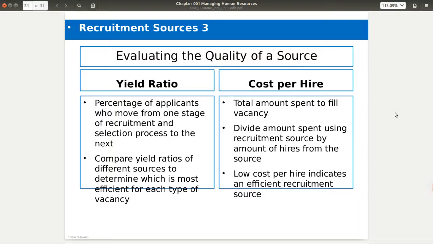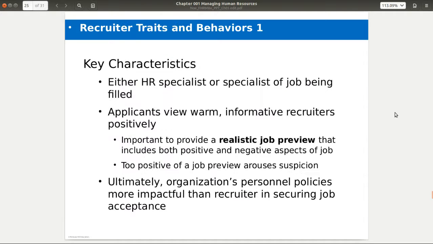Executive recruiting firms are the most expensive. Getting some of those applications through Indeed and some of these other online job postings are relatively cheap. The best way, the most efficient, where you're balancing efficiency with cost, is the employee referrals.